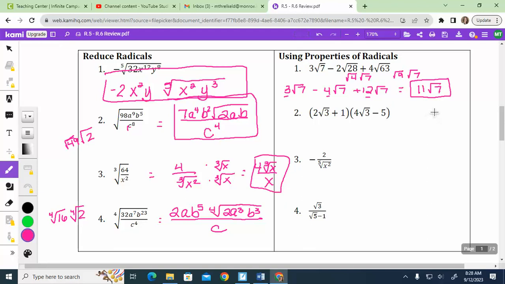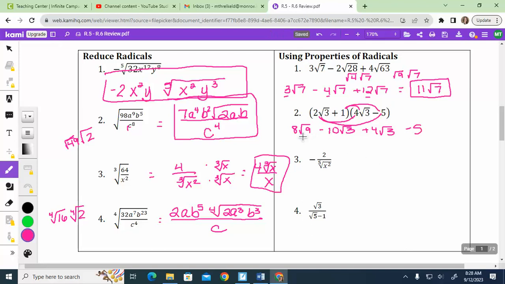All right, second one. What do we have to do here? FOIL. So if I multiply those, 2 times 4 gives me an 8. Square root of 9. Minus 10 radical 3 plus 4 radical 3 minus 5.